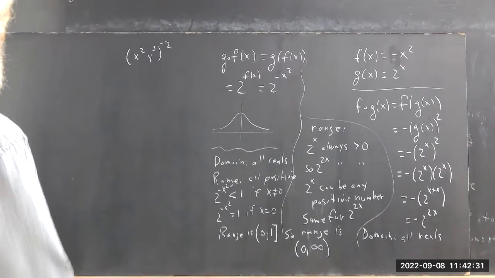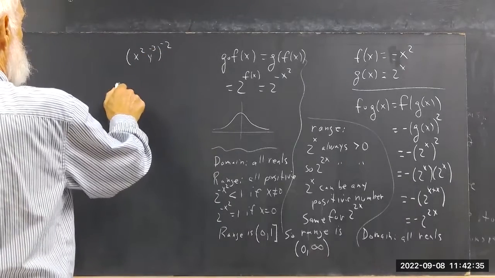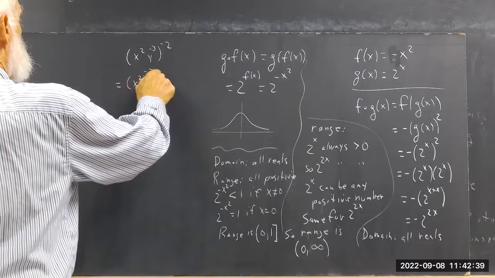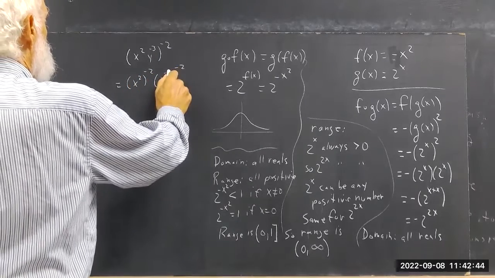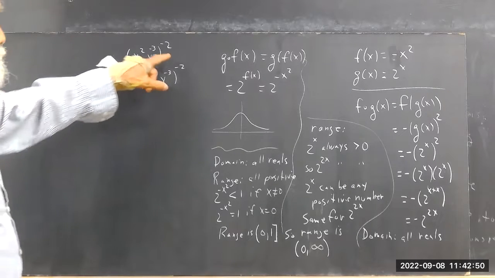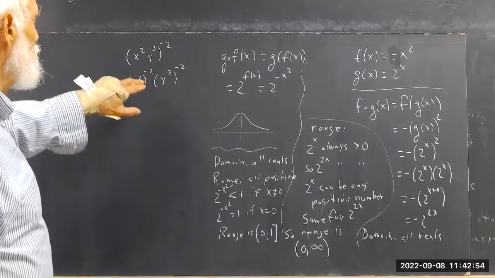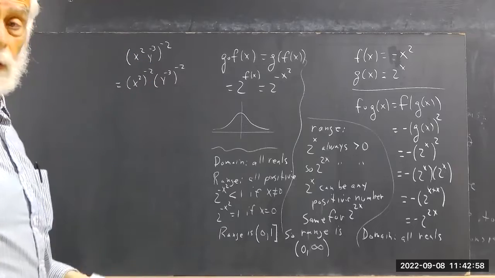X squared y to the negative 3 raised to the negative 2. Now, if you write out all the steps, and I encourage you to do that to reinforce the rules. In the first place, you raise a product to a power, and you take that power of both of the factors, or all the factors.